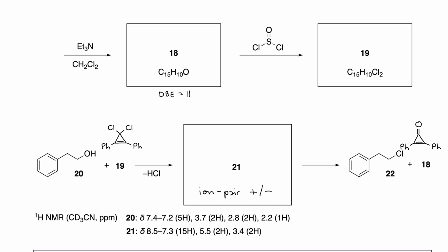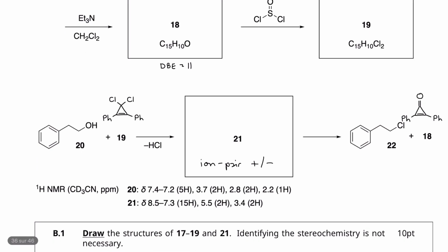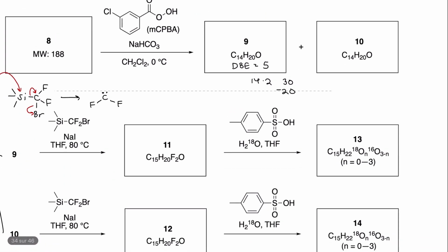As you can see, we have a kind of transfer of the atoms. We have the oxygen here, now it's on there, and we have chlorine here, so it's switched places. It is kind of similar to the step mentioned here, right?